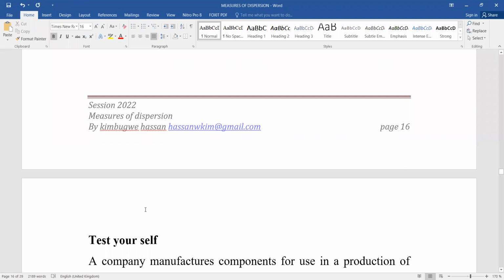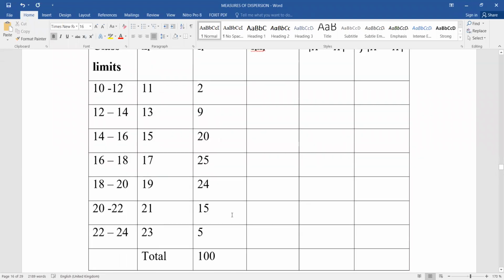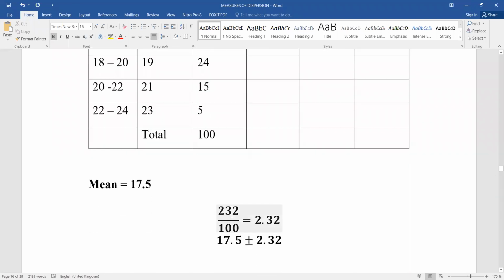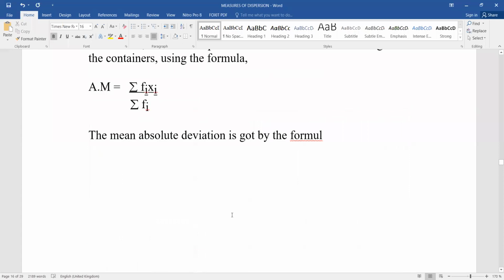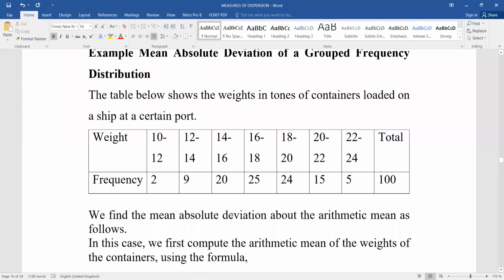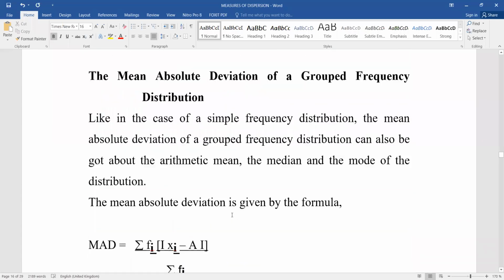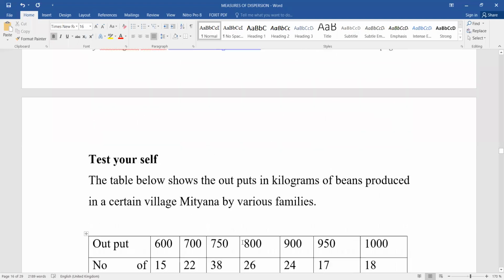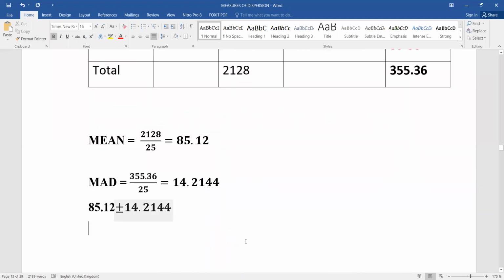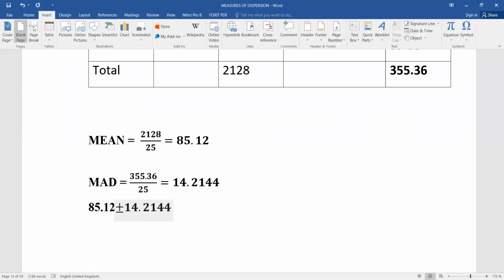That is the spread. For example, this answer, it shows that, I could just insert some diagrams here.